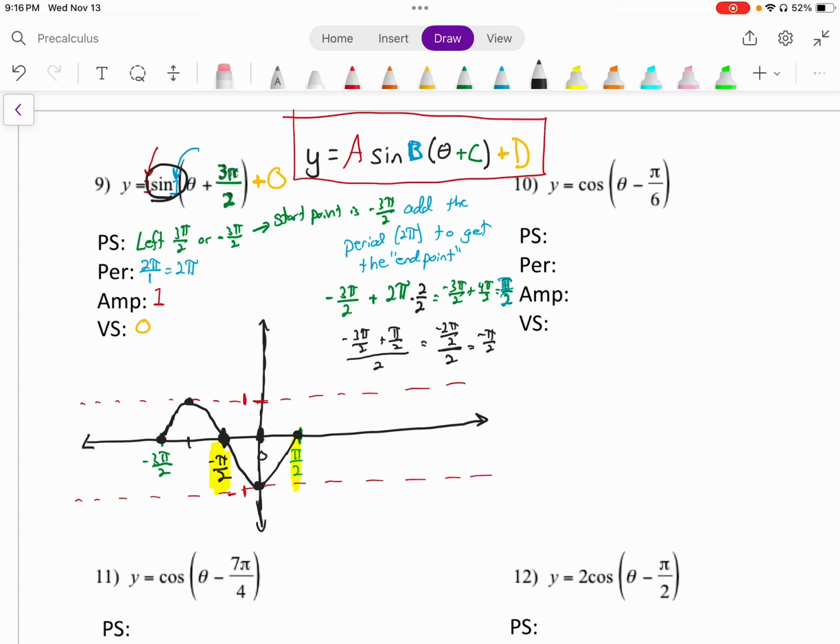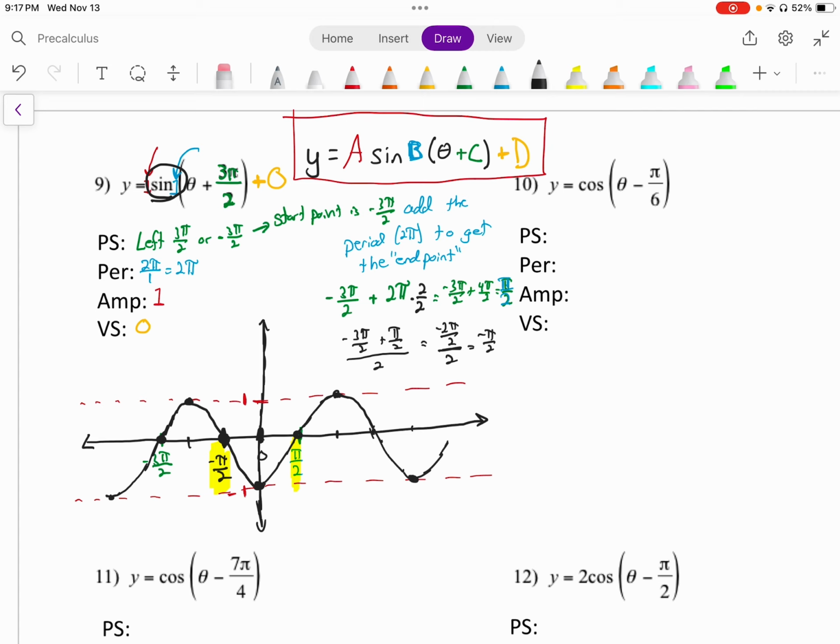And then we can continue that pattern. All right, so there's our graph.